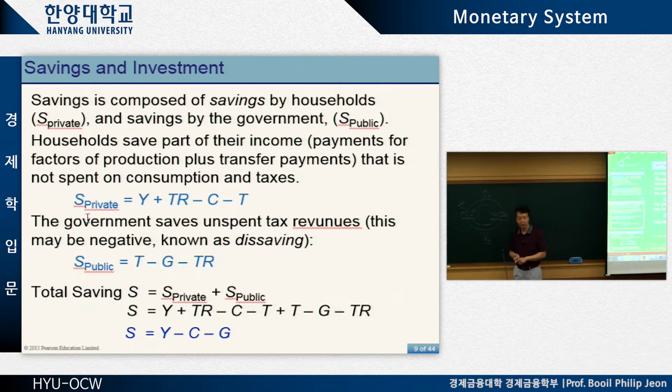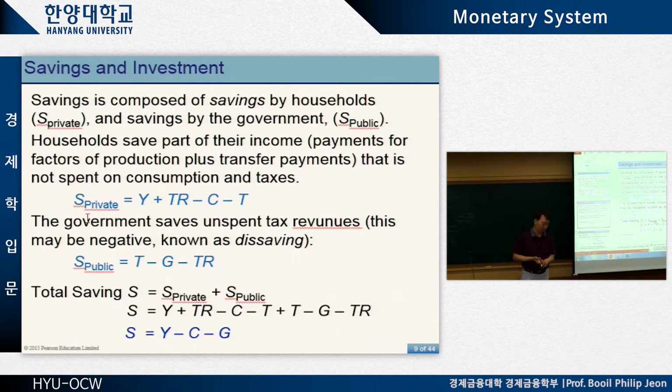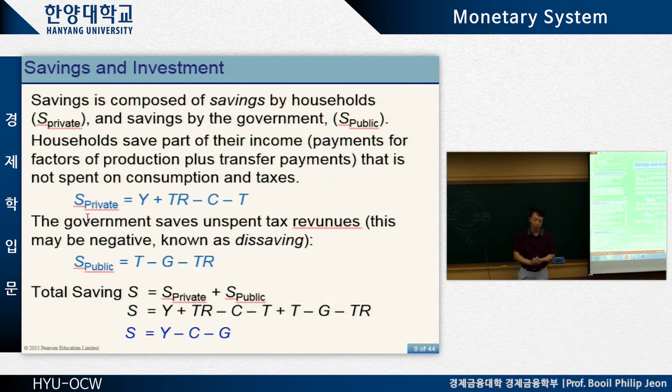So what the financial intermediaries will do is they'll find some people or usually some company who can borrow this money, right? And they will charge interest on the people who borrow money, right? And then they pay interest on people who supply this money.